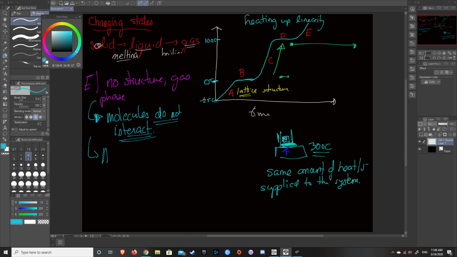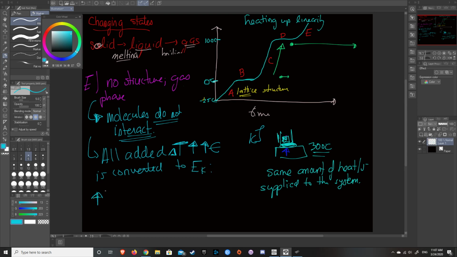So all the added heat that we put into the system, you know, heat is not the same as temperature. Heat is energy, all the energy we put in, and temperature is just the average energy that the system possesses. So all the increased temperature, which means the increased energy, is converted to kinetic energy.